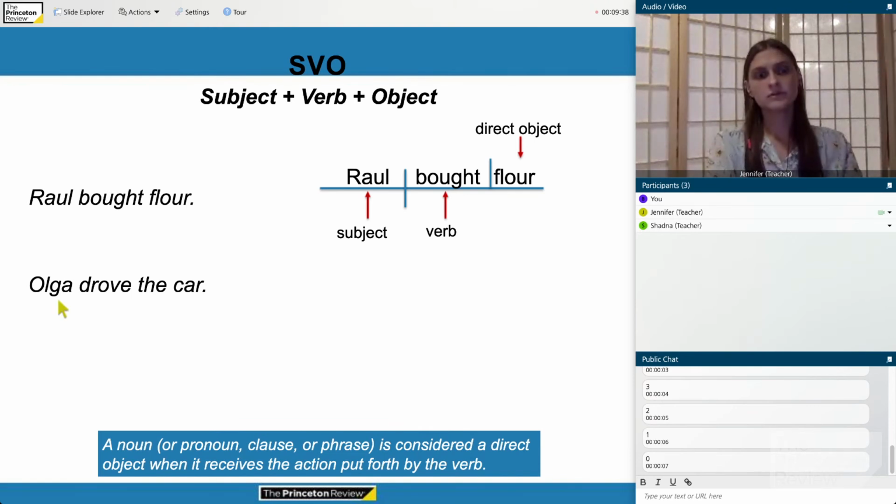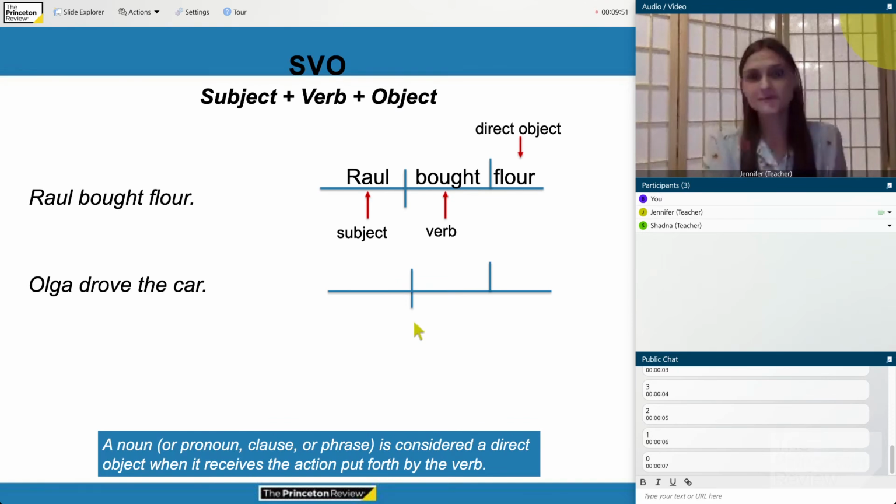We have Olga drove the car. And you can kind of follow along with me if you're watching live here. And we can start with our horizontal line, the vertical line that's cutting through. We know we're on the subject verb object page, so there's an object in here, so you can draw your second shorter vertical line. And then we can start labeling the pieces that we know. So what's the subject?